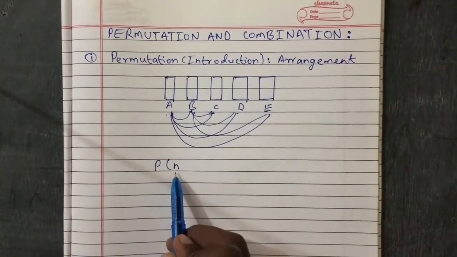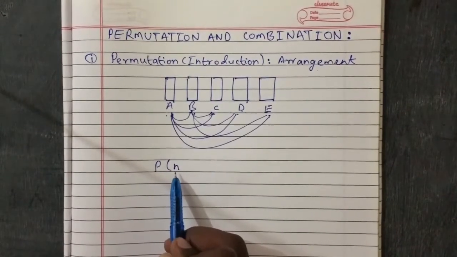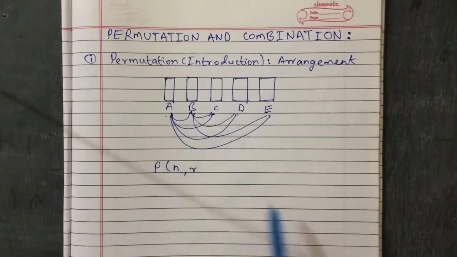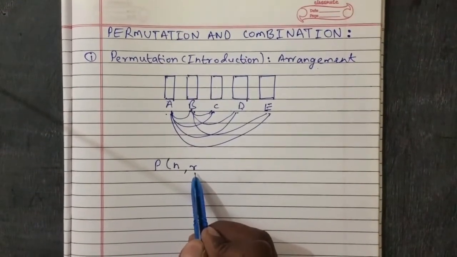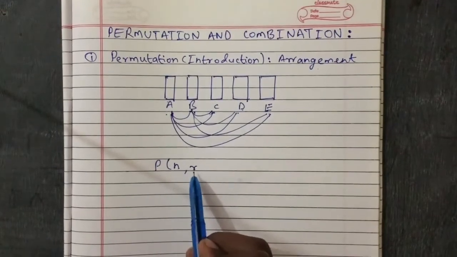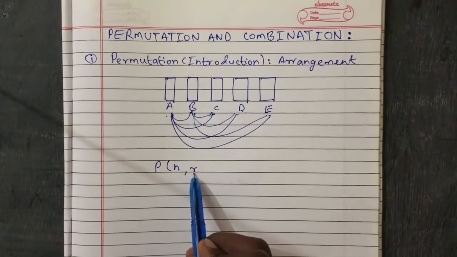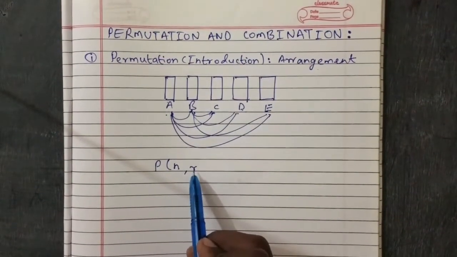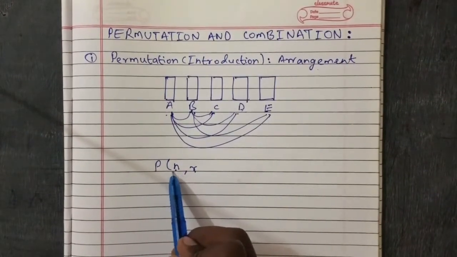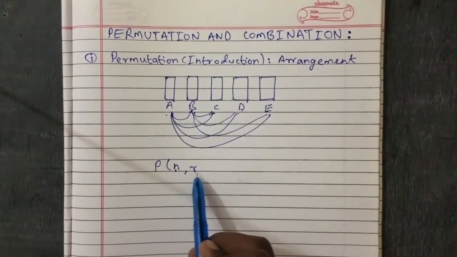It could be total books, total pencils, or simply the total number of objects. And r refers to objects that are arranged. For example, here are 5 books, so n is equal to 5, and r is equal to 2, because we're going to be arranging 2 books out of 5 books. So n refers to the total number of objects, and r refers to the objects that are going to be permuted or arranged.